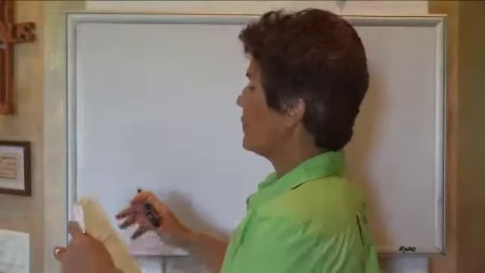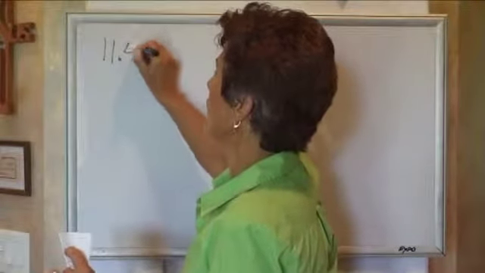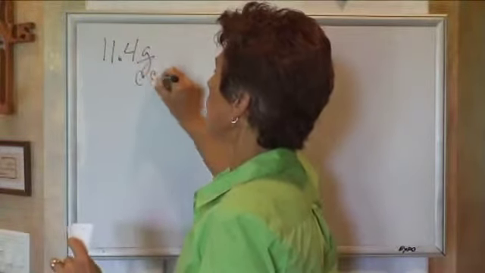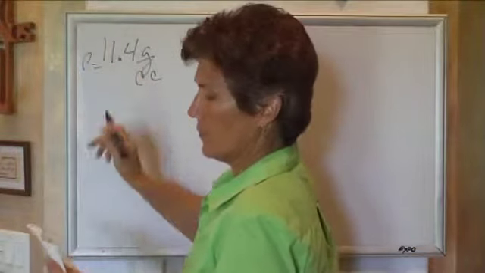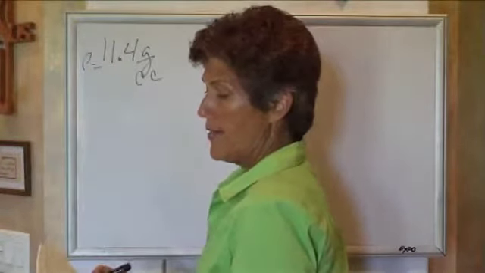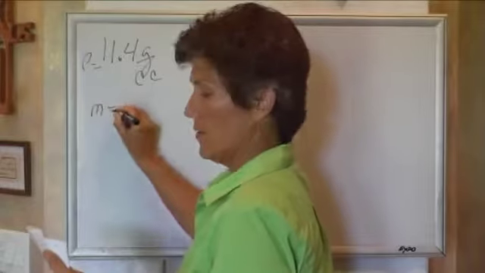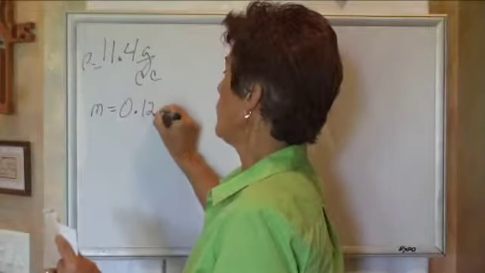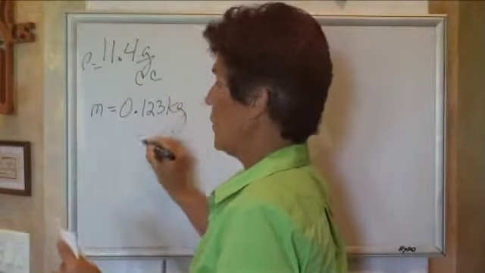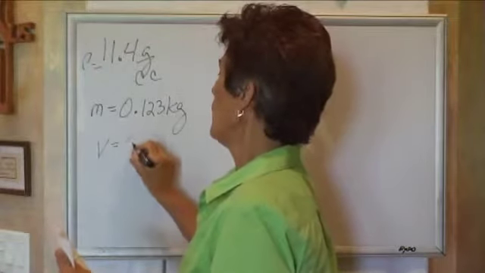Okay, number 11. A fisherman wants to determine the volume of his lead sinker. If lead's density is 11.4 grams per cc, and the sinker has a mass of 0.123 kilograms, what is the volume of the sinker?